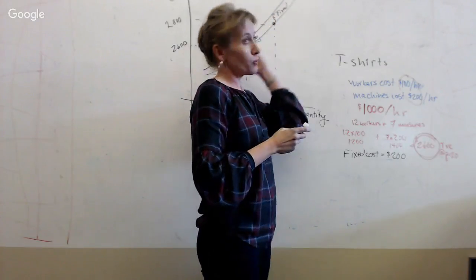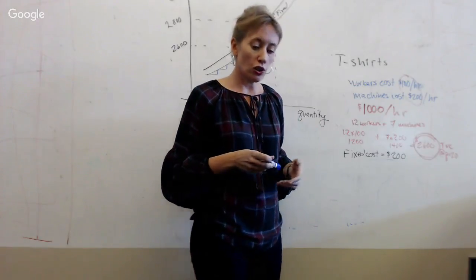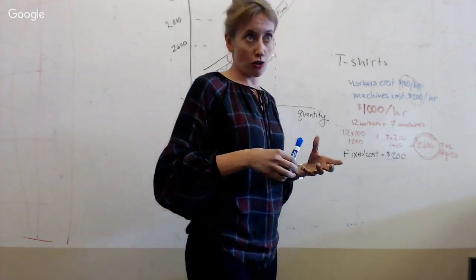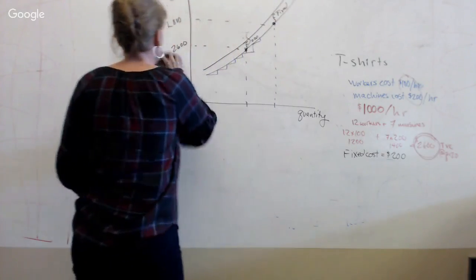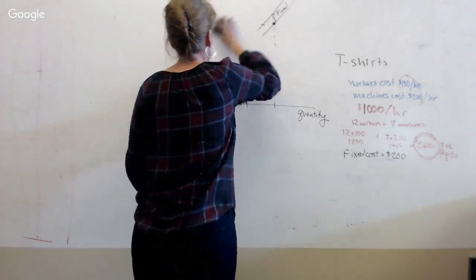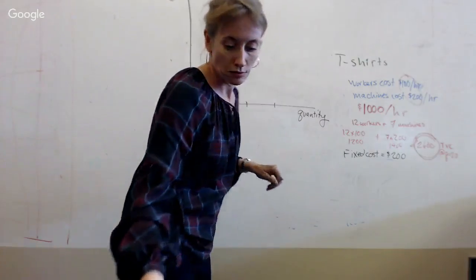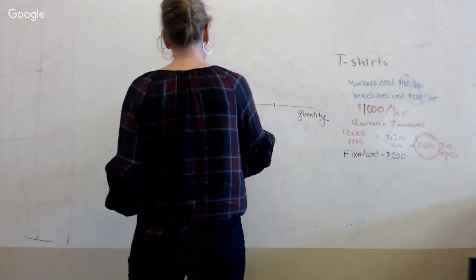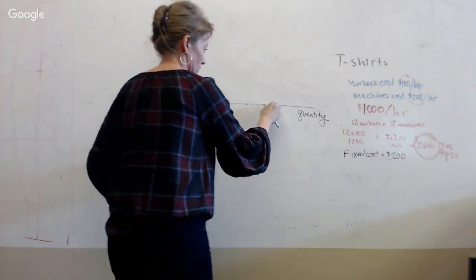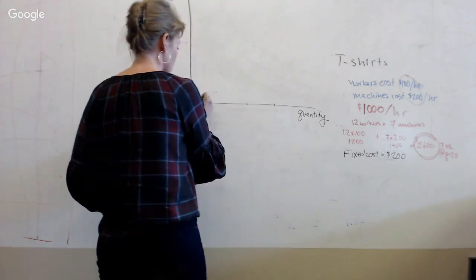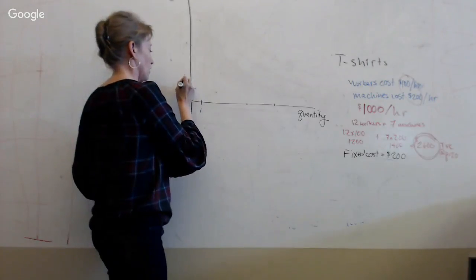And this picture here is interesting, but it's even more interesting to look at our marginal cost curve. So let's erase this and look at marginal cost. So maybe that first unit costs us $2.